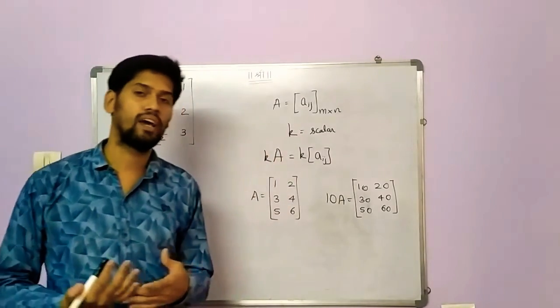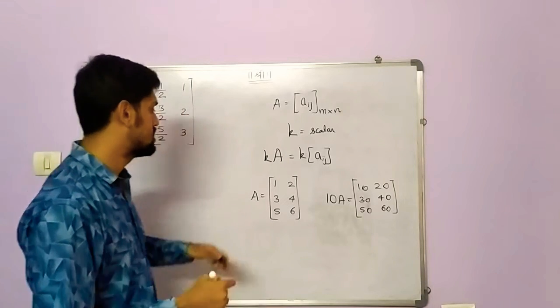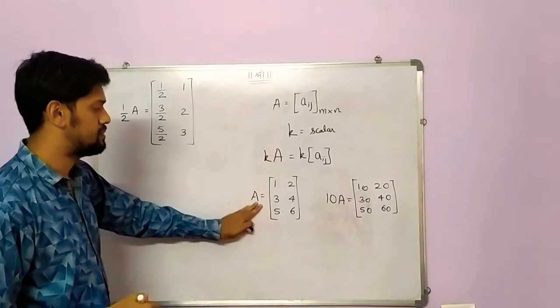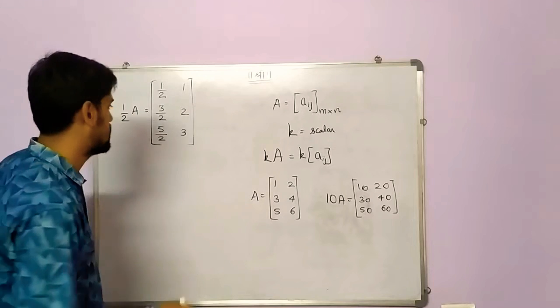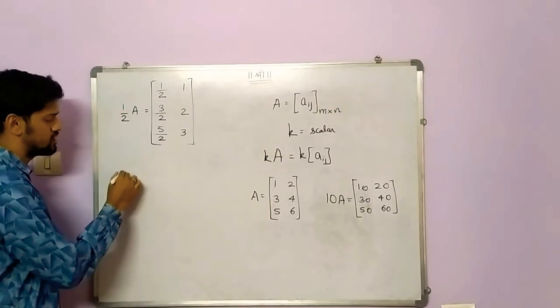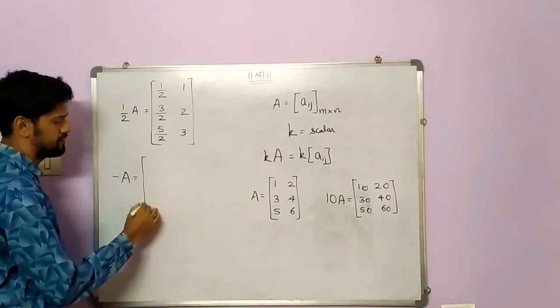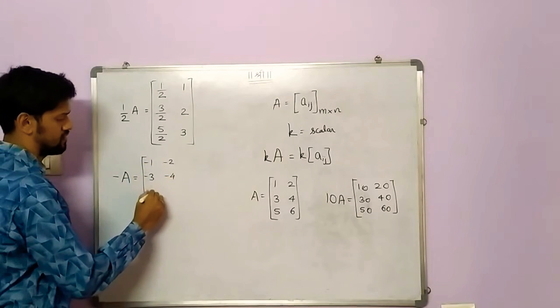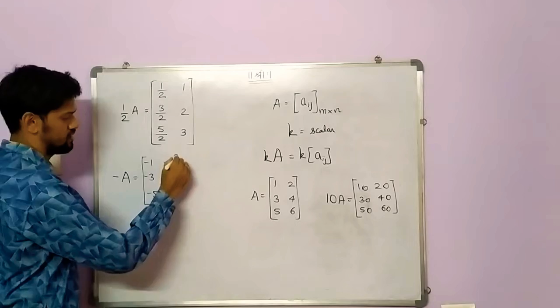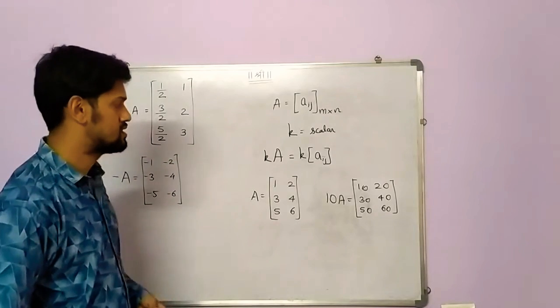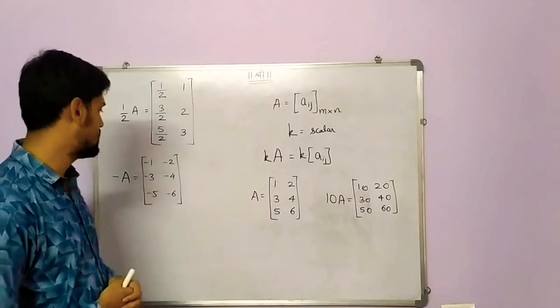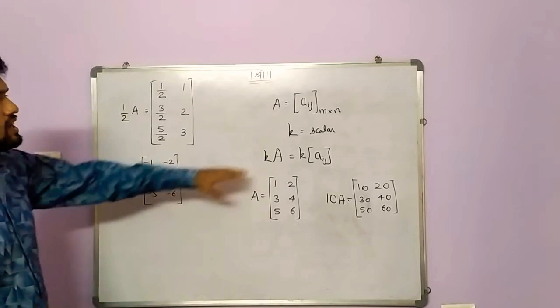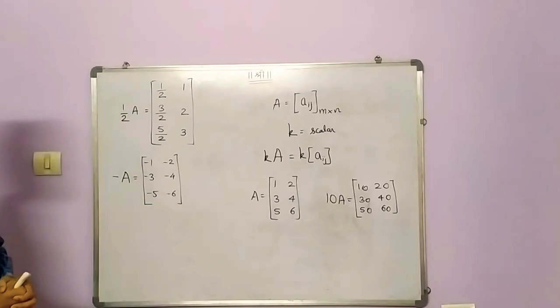You can also multiply a negative number to the matrix. So for example, if I multiply this matrix with -1, then the matrix will look like this. So to understand this particular concept, K is any scalar that is being multiplied.